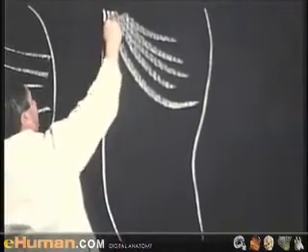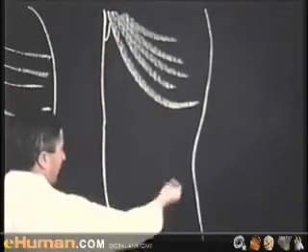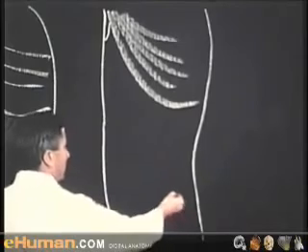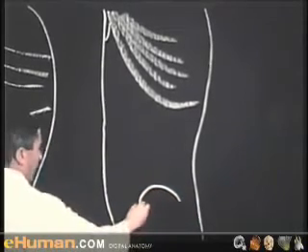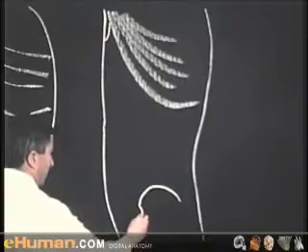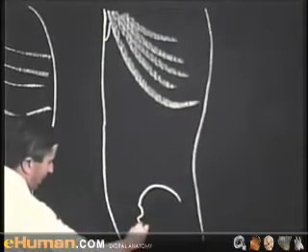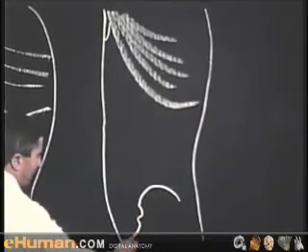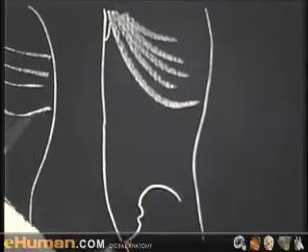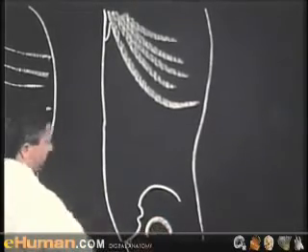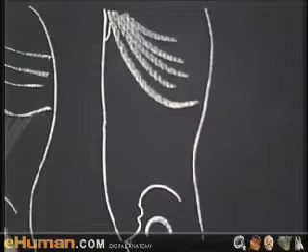And here's the xiphoid process. Below, we can indicate the iliac crest, the anterior superior iliac spine, the anterior inferior iliac spine, the superior ramus of the pubis, and the pubic tubercle. And here, just to show the position, the acetabulum.